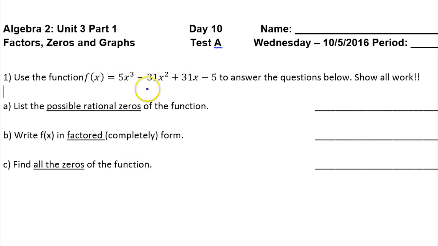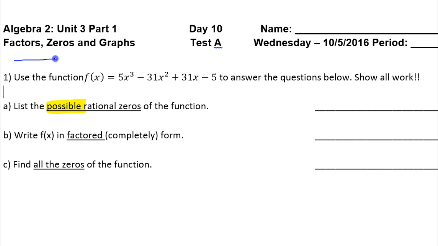So first of all, when you see the key word "possible," that automatically means you're talking about the rational zero theorem, or the rational root theorem. That's the one where we learn to build a list of possible rational zeros by looking at possible numerators and denominators.